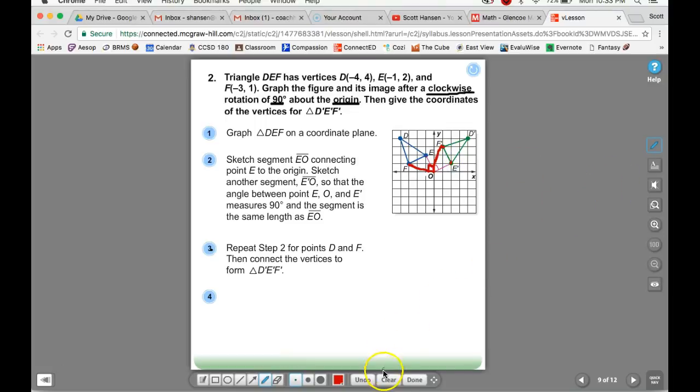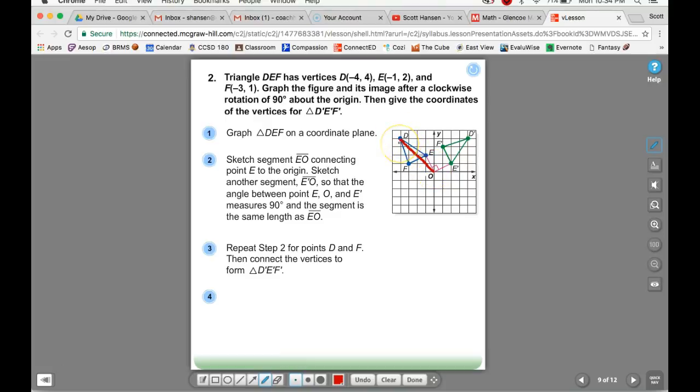Let me erase and we'll do the D prime. So if you think about it, D is going to make a 90-degree angle like this. So come all the way down this way, all right, to the origin, right? It's a diagonal line. All diagonal lines have a vertical and a horizontal distance.